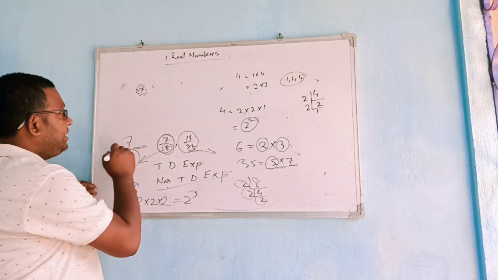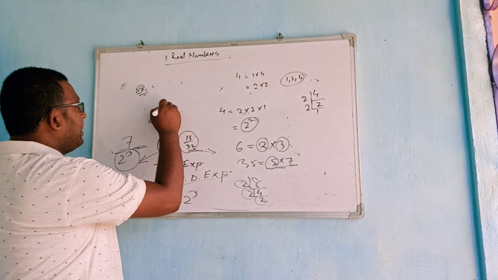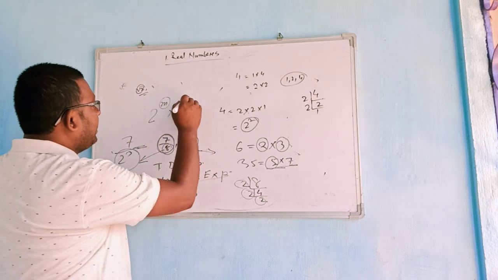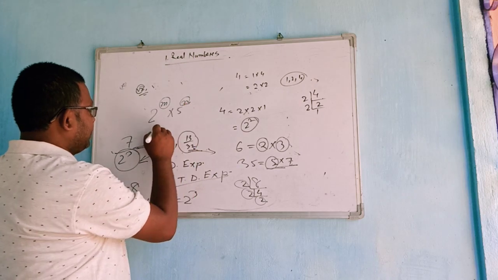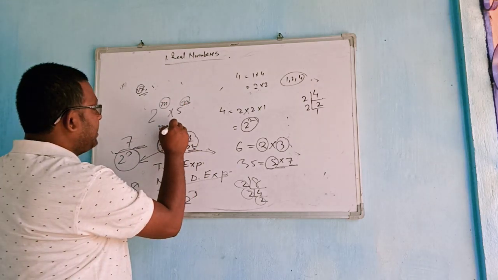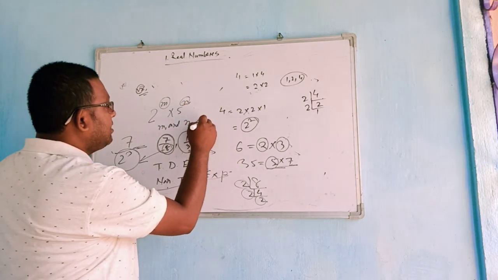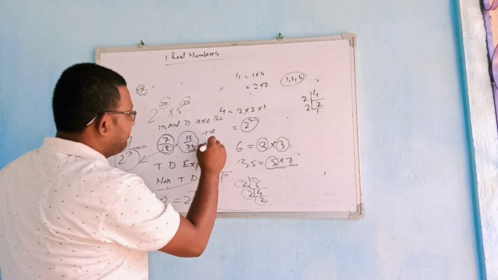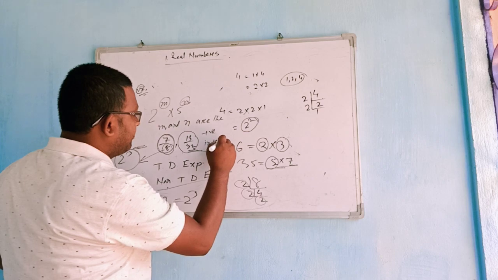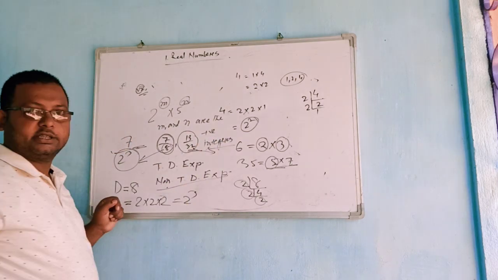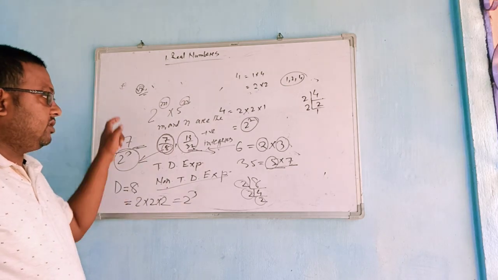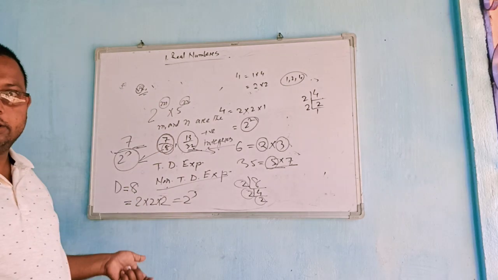The denominator should be in the form 2 power m into 5 power n, where m and n are positive integers. Okay, so let us start from our textbook math. You will be clear with this example.